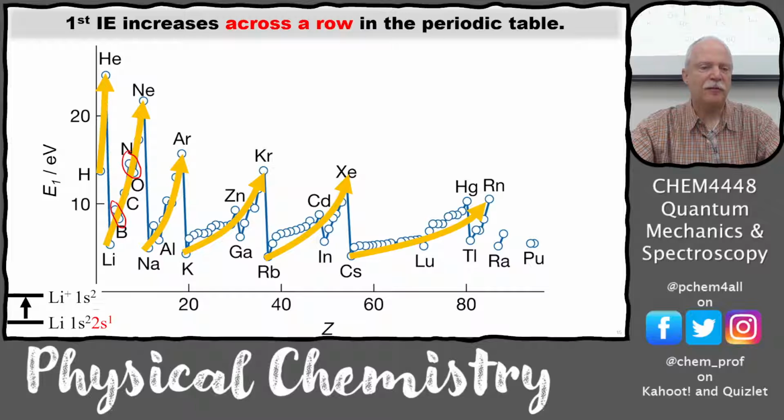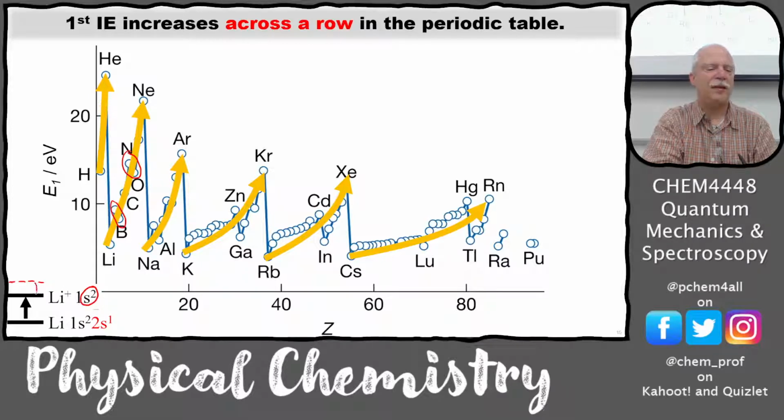So down here, lithium. Why is lithium so easy to ionize? And look closely. I'm drawing this dotted line to show where that cation level might have been, but because it's an S2, it's stabilized.